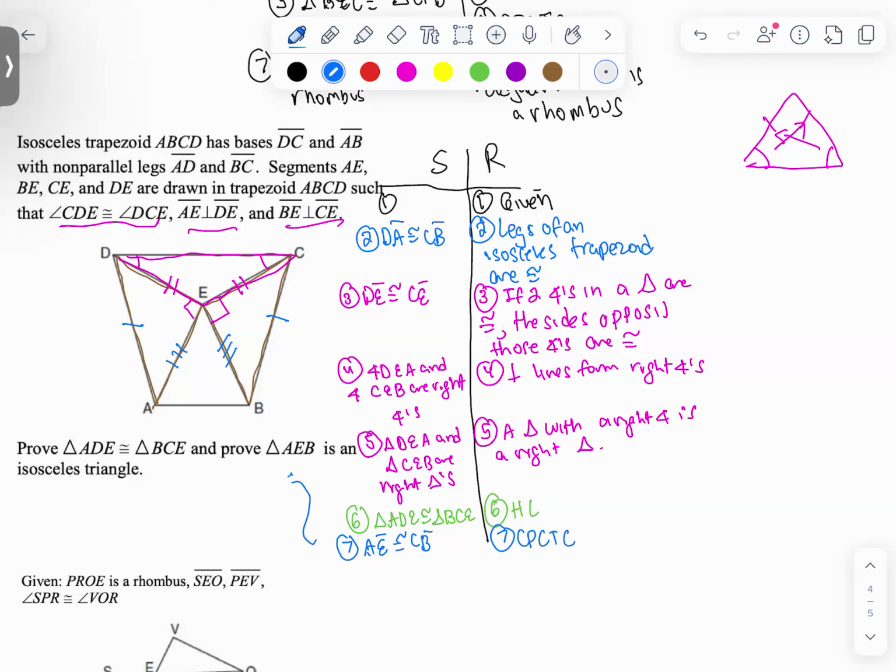I'm just going to continue over here. And now we have everything we need to finish up the proof and say triangle AEB is isosceles. And what makes something isosceles is that a triangle with two congruent sides is isosceles.